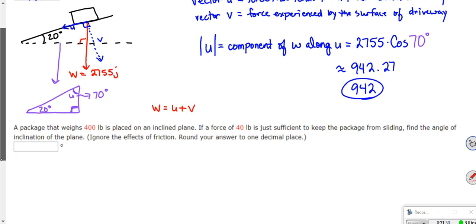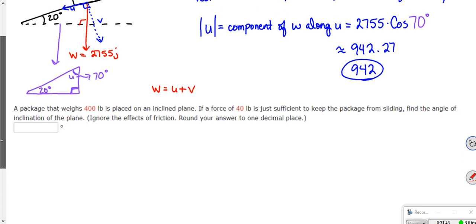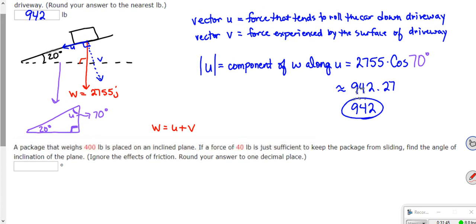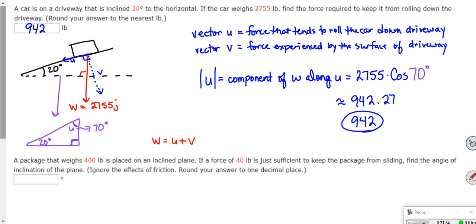Okay, last one. A package that weighs 400 pounds is placed on an inclined plane. If a force of 40 pounds is just sufficient to keep the package from sliding. Now, let me back up. It's kind of like what we did up here, only now we're solving for theta. On the previous one that we just solved about the car, the force of 942 pounds is what's keeping that car from rolling back down.